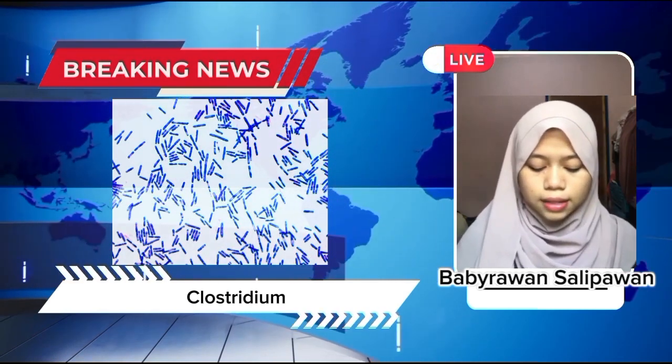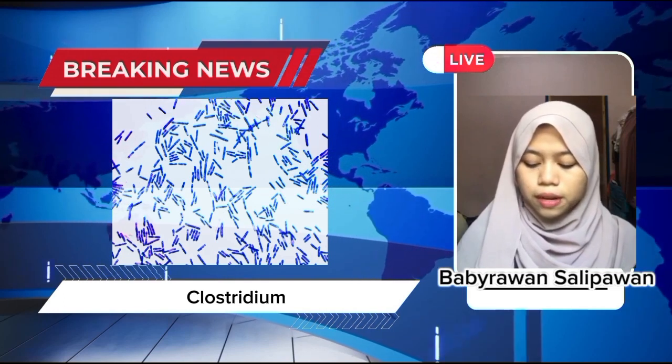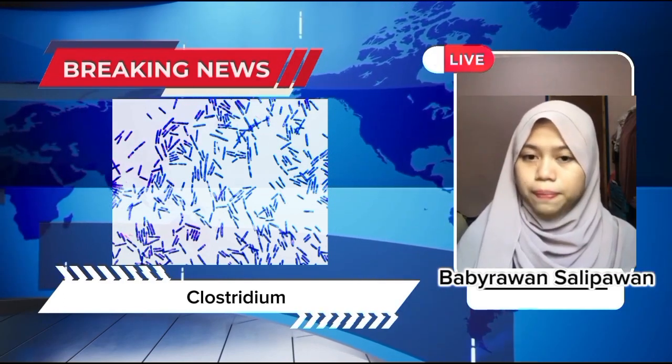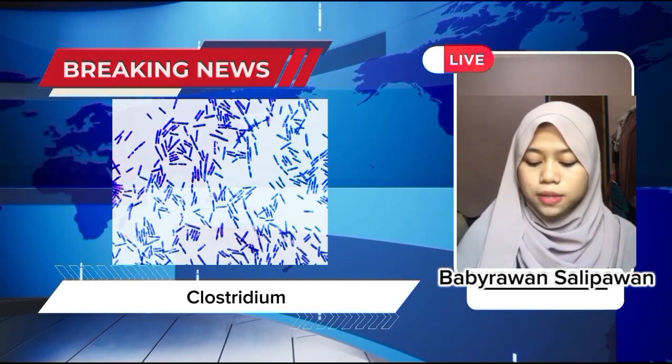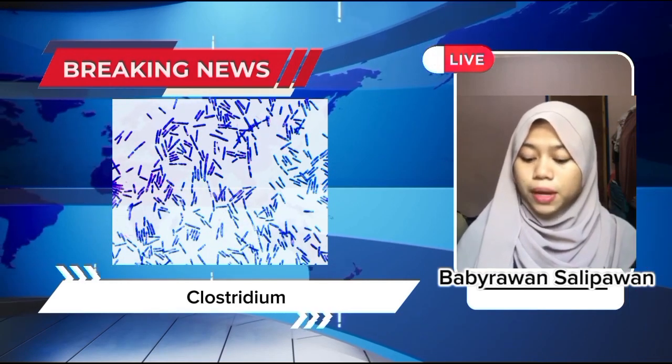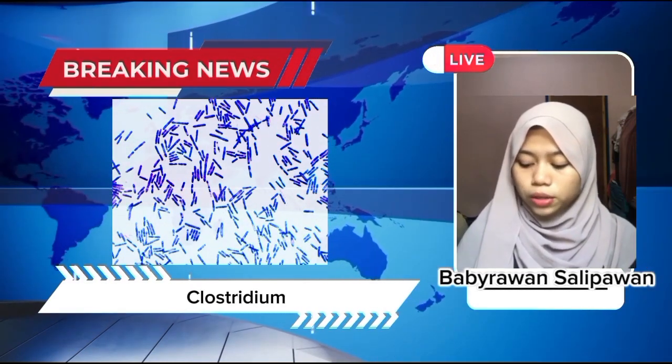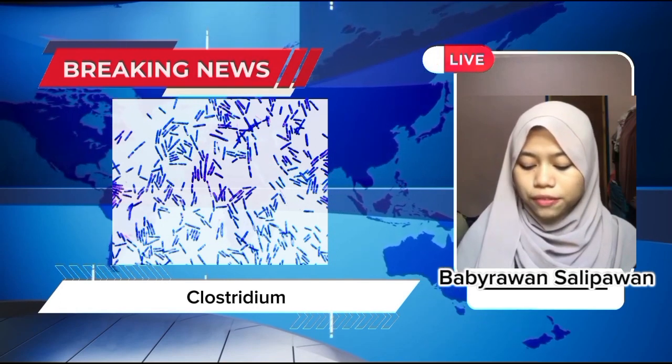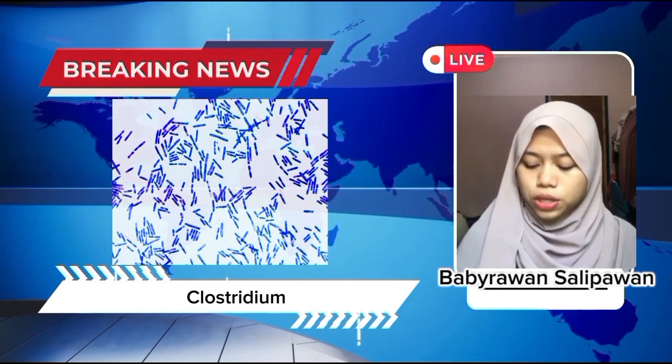Genetic analysis. Clostridium species can involve studying both genotype and phenotype. Genotype analysis focuses on the genetic makeup of organisms, which includes DNA sequencing to identify specific genes and mutations.